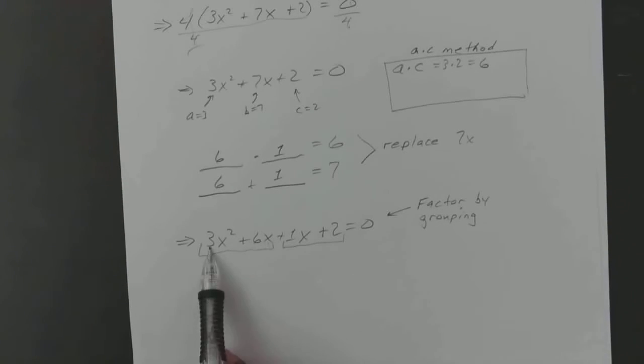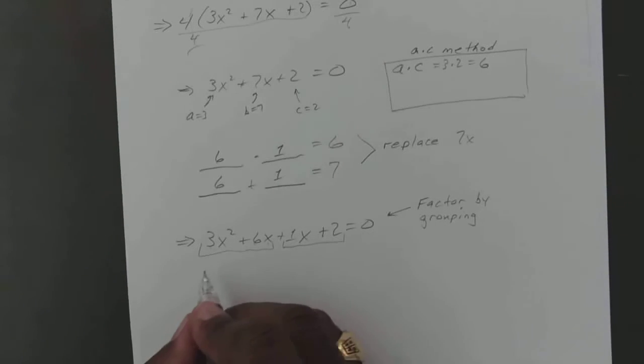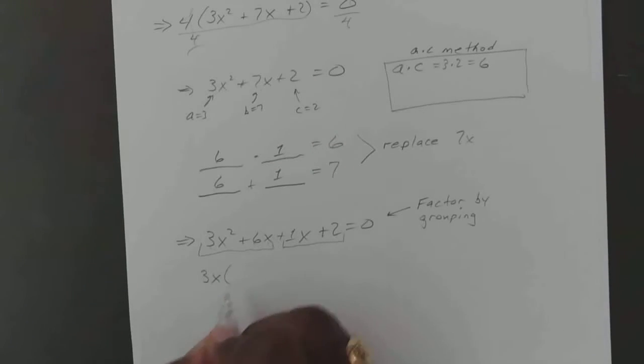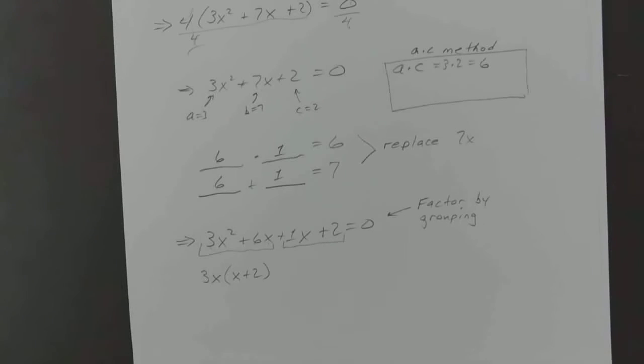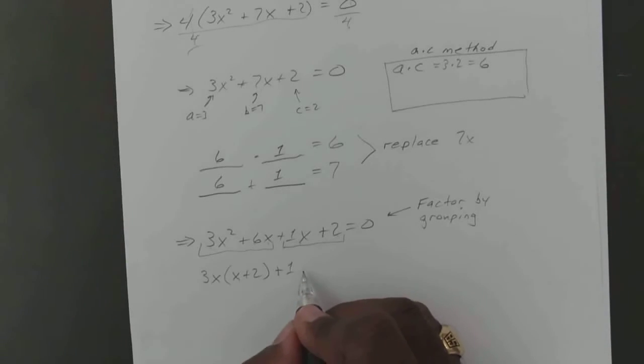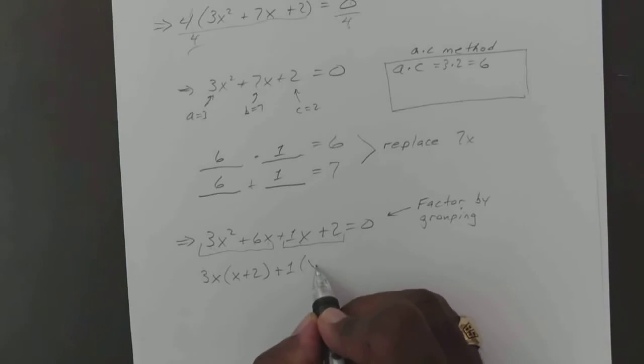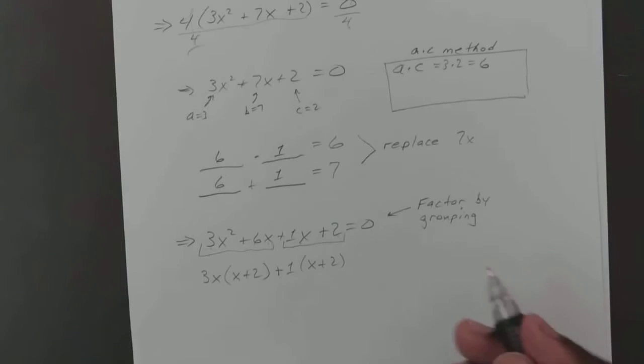Okay, so these two you can factor out of 3x, which will leave you with x plus 2. Now these two don't have anything in common but 1, so you can factor out a 1 there. And that would still leave you with x plus 2 equals 0.